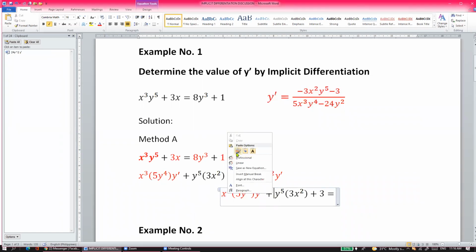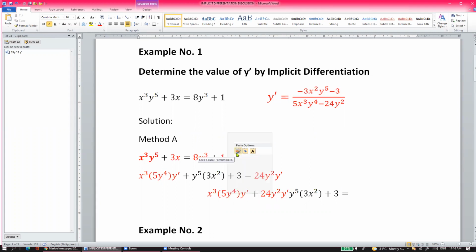Yan, lipat ko siya. Magpapalit ako ng sign dahil nilipat ko siya. So magiging minus. O plus pa rin yan.